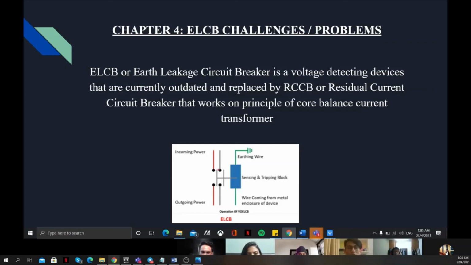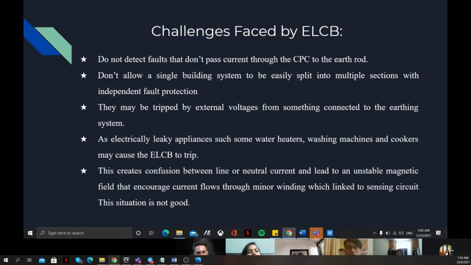So, we can conclude a few disadvantages that we found while using ELCB. The first is that ELCB does not detect faults that don't pass current through the CPC to the earth rod.